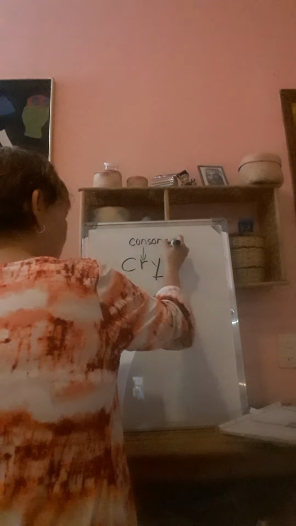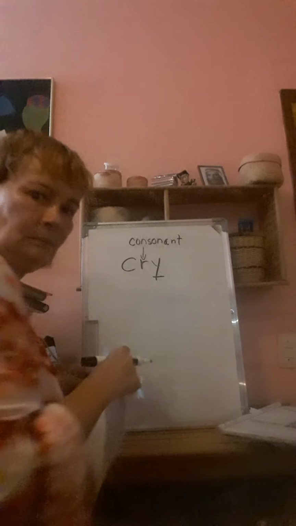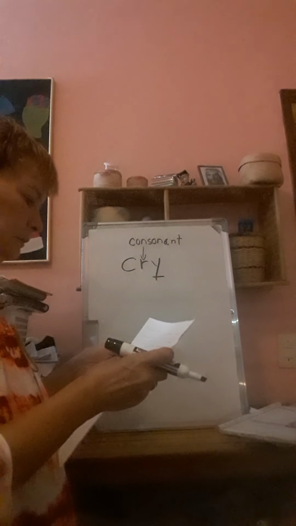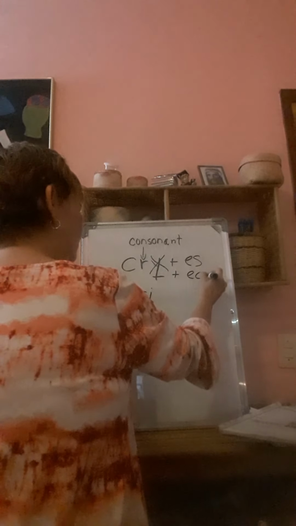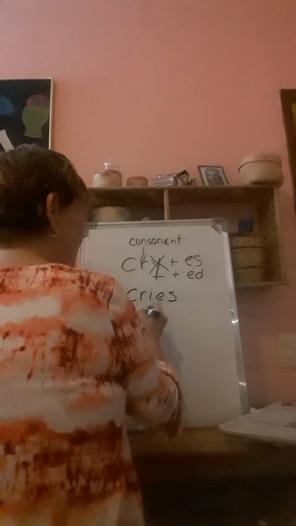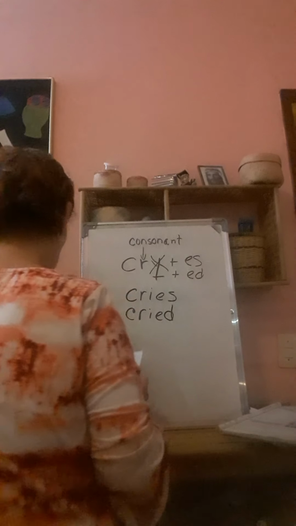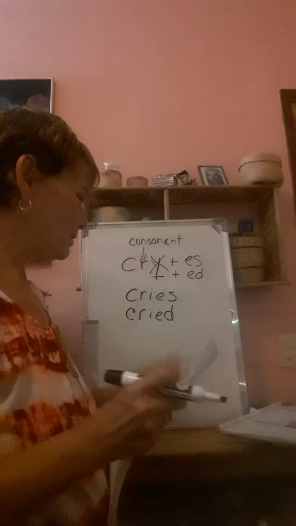You have Y, and it is preceded by a consonant. You can see? So it changes. You take off the Y, and if they say plus ES or plus ED, you're going to write cries or cried. That's one word.